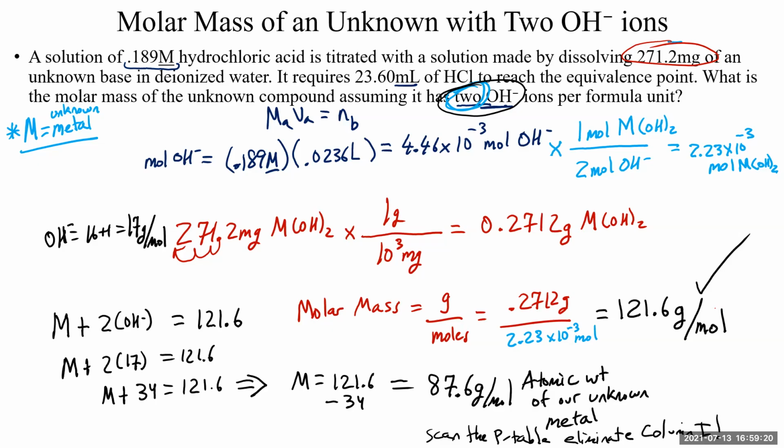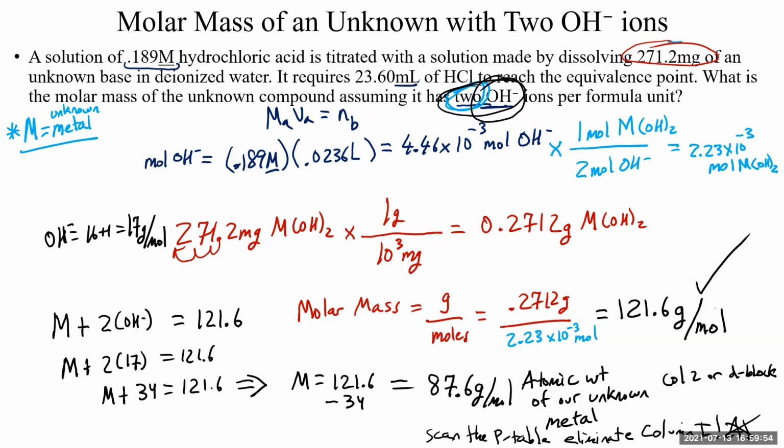You can also eliminate column 3: aluminum out, gallium out, indium out. Why? Because they take 3 hydroxides. So that leaves either your alkaline earth metals, column 2, or some kind of transition metal, because the transition metals can also have positive 2 charges. You're looking for a metal with a positive 2 charge because you want a metal that can take on 2 hydroxides. That's either going to be column 2 or a D block metal.